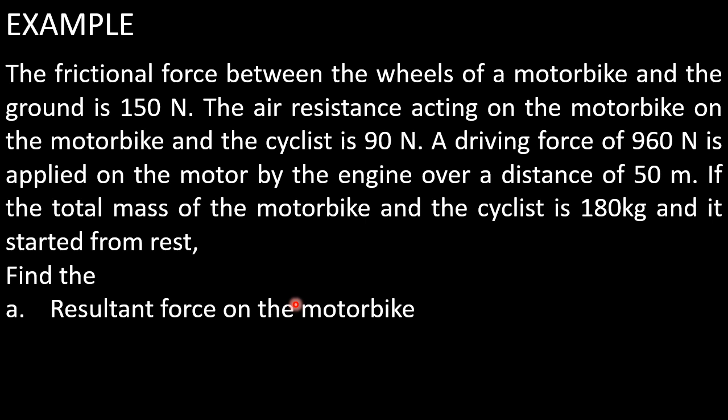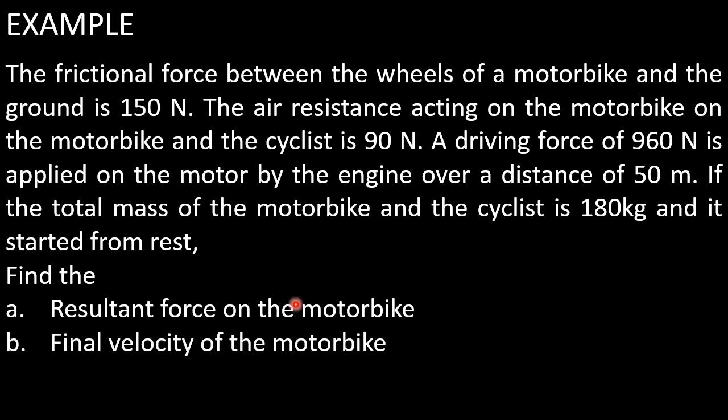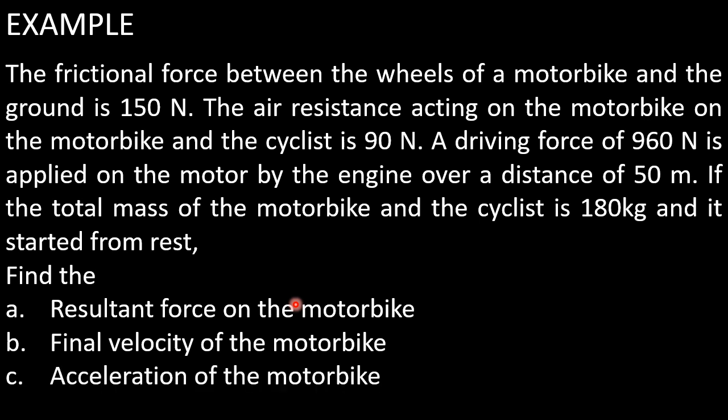And then find the final velocity of the motorbike, and finally, the acceleration of the motorbike. Take your time. Once again, there's frictional force. Frictional force is the force that opposes motion, as we saw earlier.